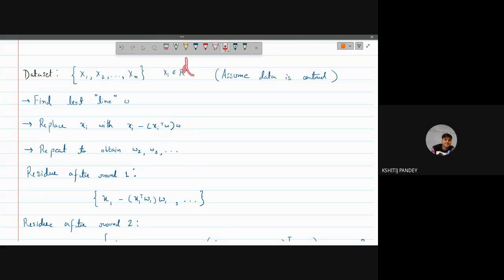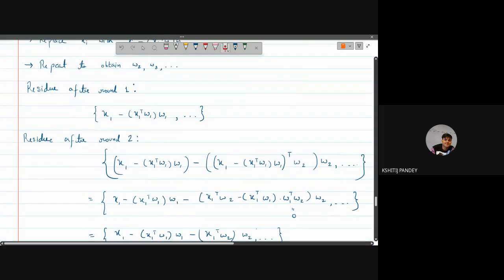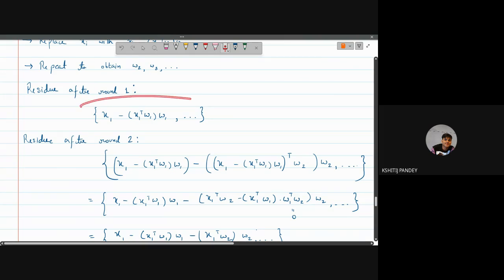So when we find W1, this is the first round. When we find W2, that is the best fit line for the error after round 1. So that gives you W2. This is the error after the first round.